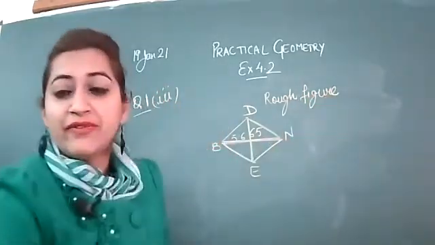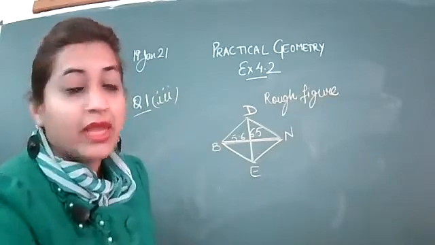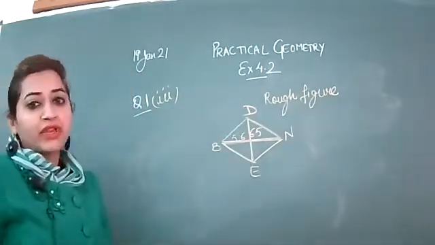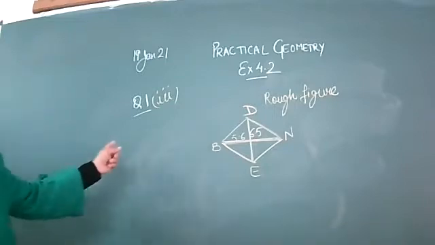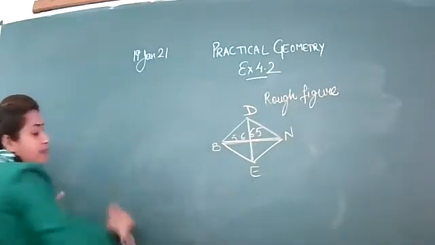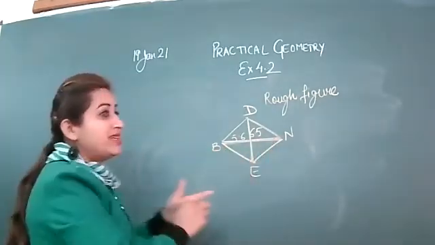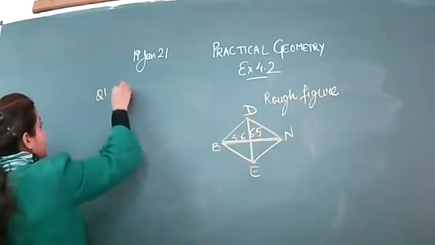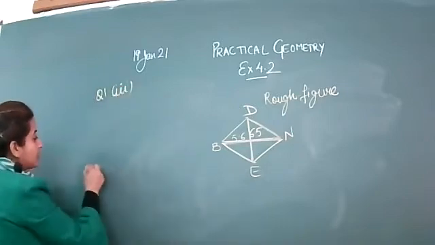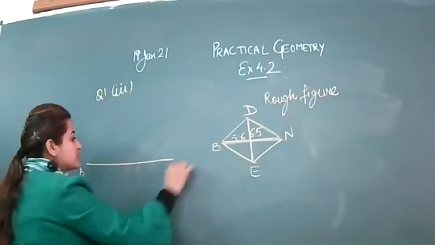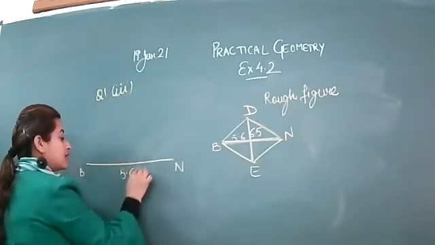So always whenever you are making the rough figure, you will draw it on the right hand side and you will write that the rough figure is here. Now let's start with, firstly, you will start from the diagonal, that is 5.6. So for the diagonal, you have been given this diagonal BN as 5.6.